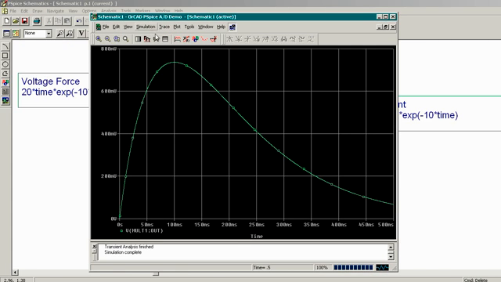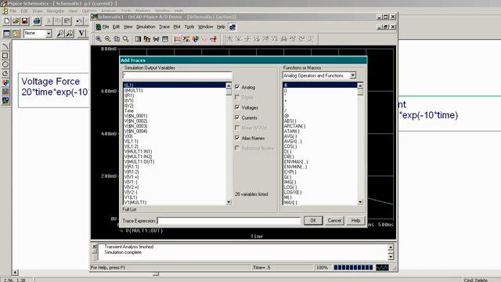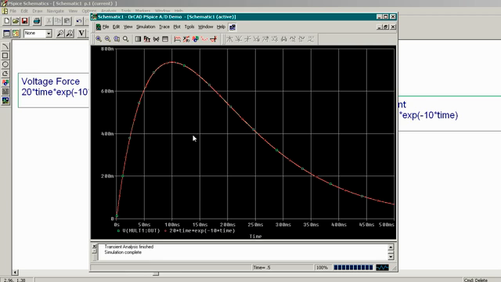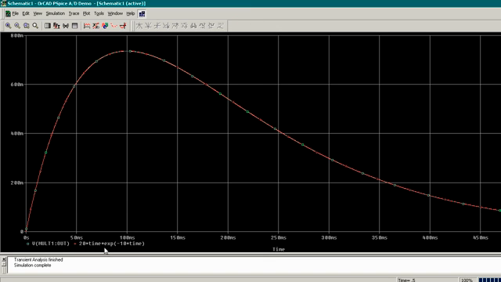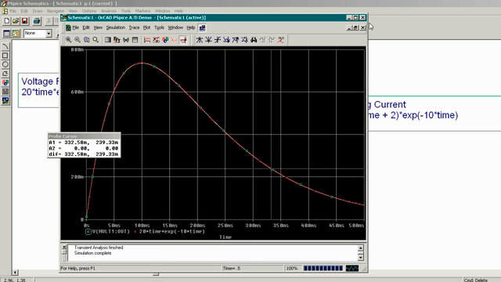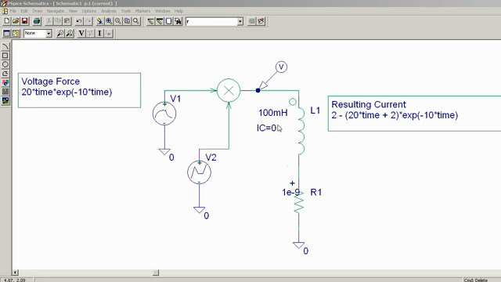So we do have that, and let's confirm and match that up against our math expression that we have on the board. And in fact, it matches up at every point. The red, which is our math expression, overlays the green at every point on our graph, and so it's a perfect match. So we know that what we are subjecting our inductor to is in fact correct.